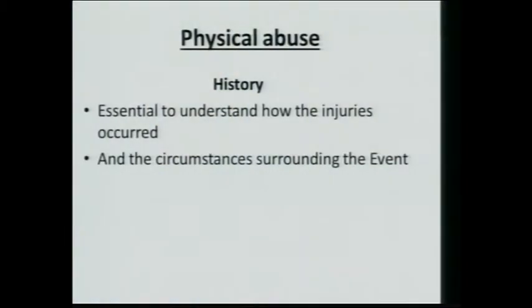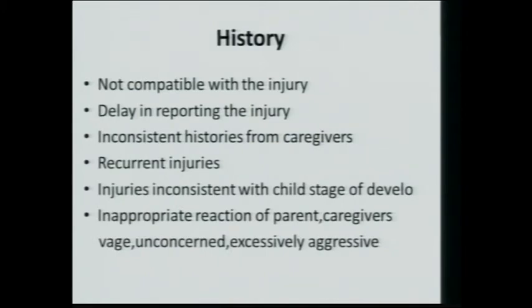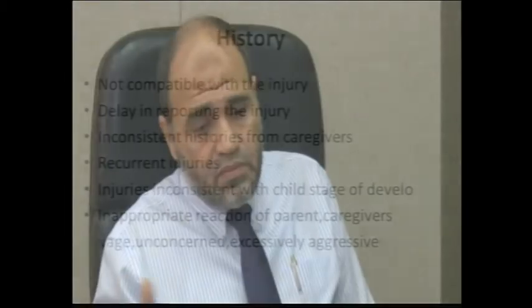Physical abuse. It's essential to understand how the injuries occurred and the circumstances surrounding the event. Some clues in the history guide you to child abuse. The history is not compatible with the injury, and sometimes there is a delay in reporting the injury, for example, it happened 3 days back and they come today.